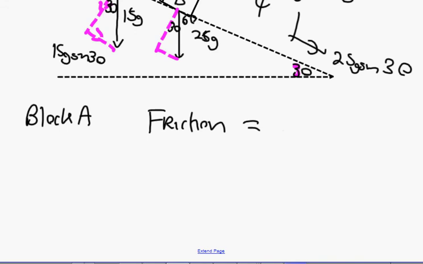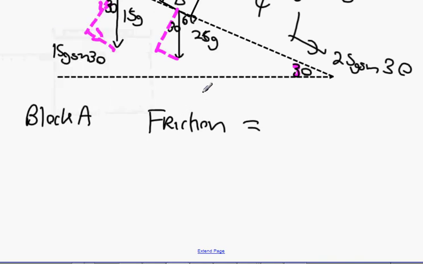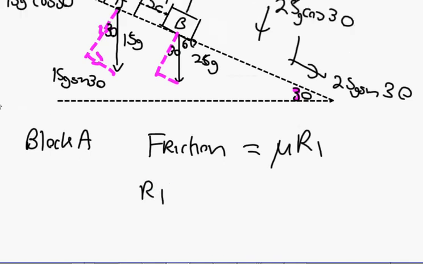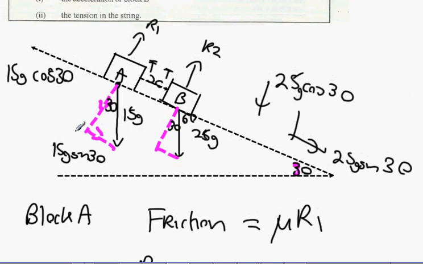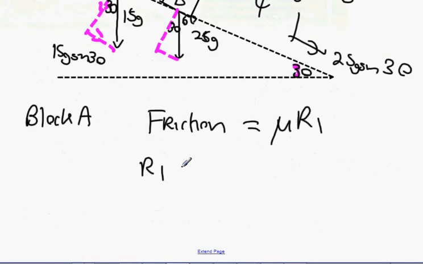So friction, one second. What we get here is friction, okay? And friction is going to be mu R1. Now what is R1, lads? R1 is in the complete opposite direction to the weight, and the weight is 15G cos 30. So R1 is 15G cos 30.